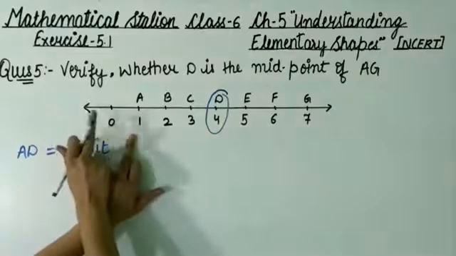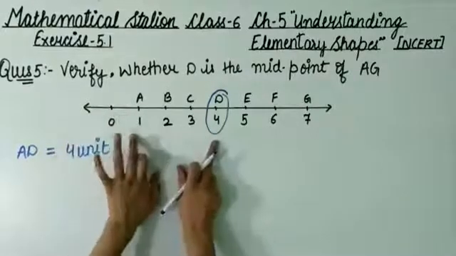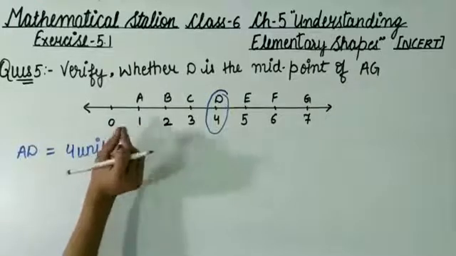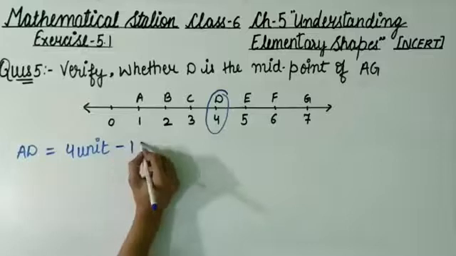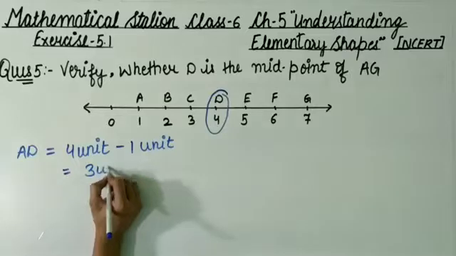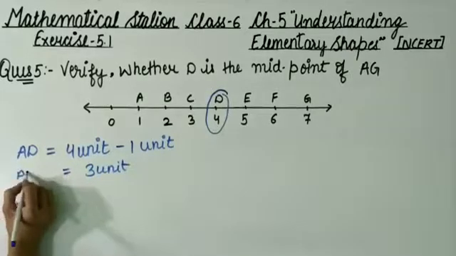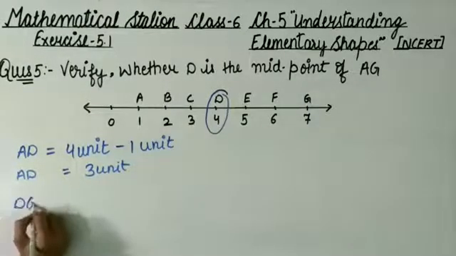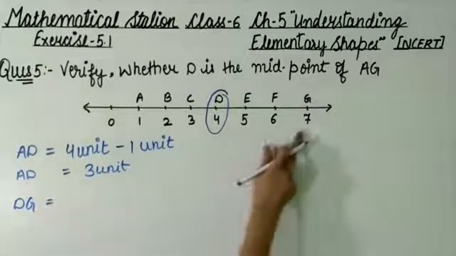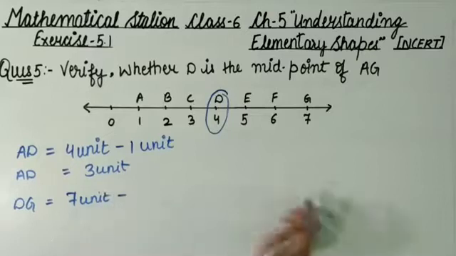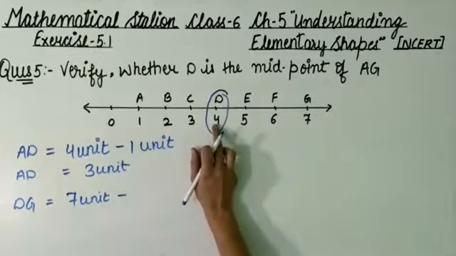So AD actually is of 3 units. AD equals 4 unit minus 1 unit. So we will subtract this 1 unit from 4 unit. It is 3 centimeter or unit. In the same way, we will measure the length from D to G. So DG equals 7 unit minus, and point D is at 4 units, so 4 unit we will subtract.